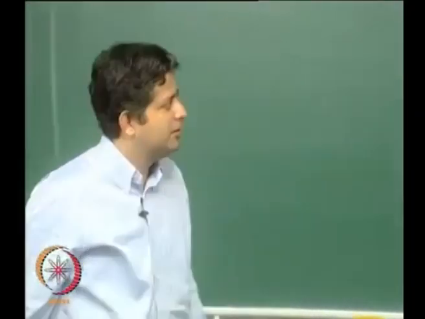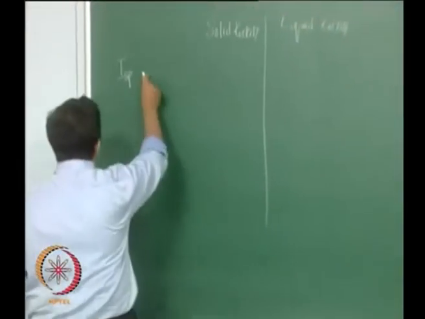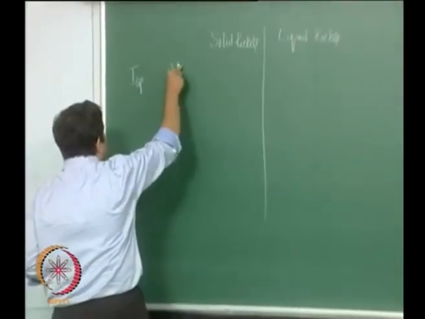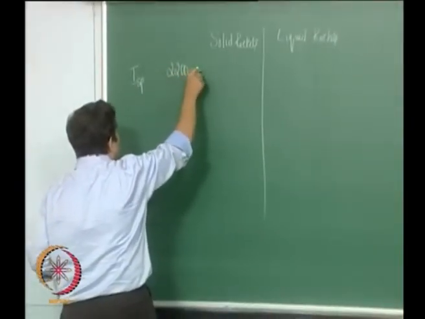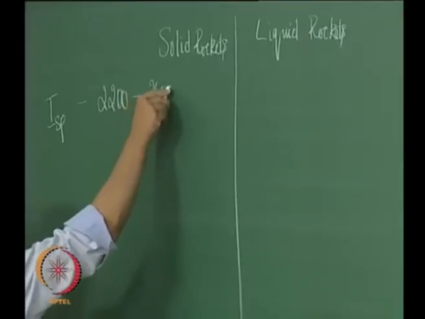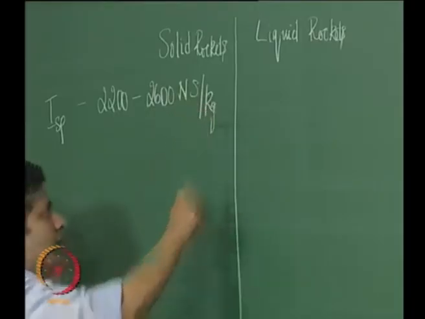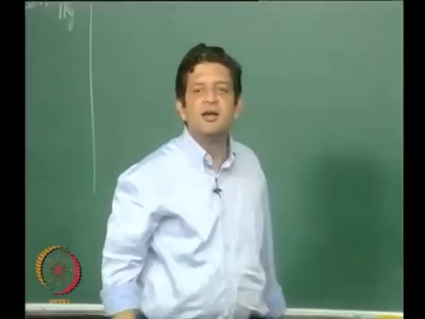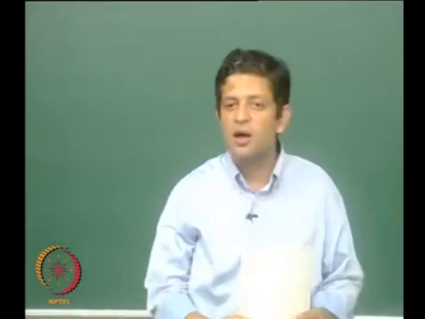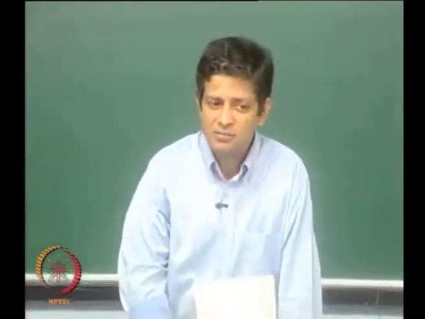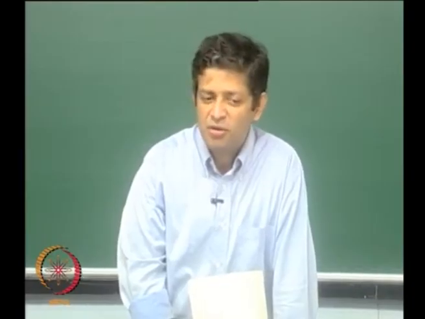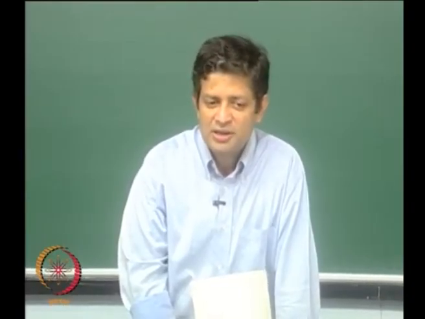This is at sea level. What about liquids? That is for liquid oxygen, liquid hydrogen. But if you are looking at earth storable, it starts somewhere at around 2800 to something like 4400.